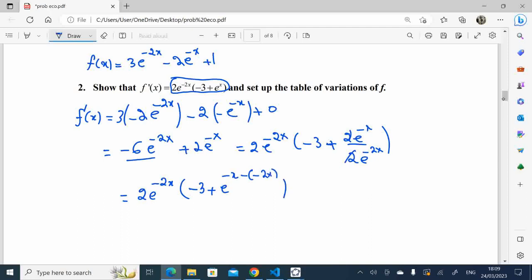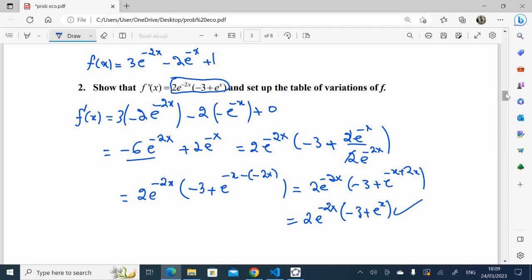This will be equal to 2e^(-2x) times (-3 plus e^(-x+2x)), which is equal to 2e^(-2x) multiplied by (-3 plus e^x). And this is what we have to prove.